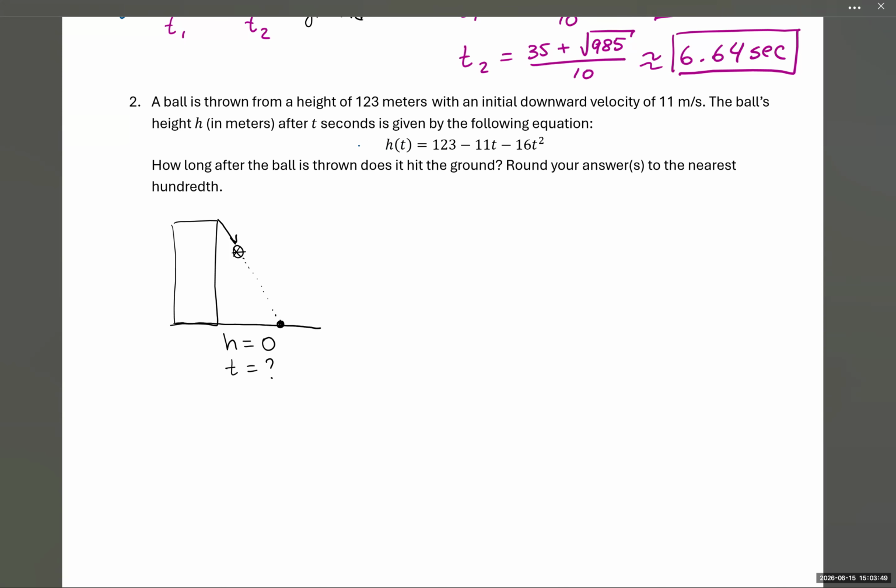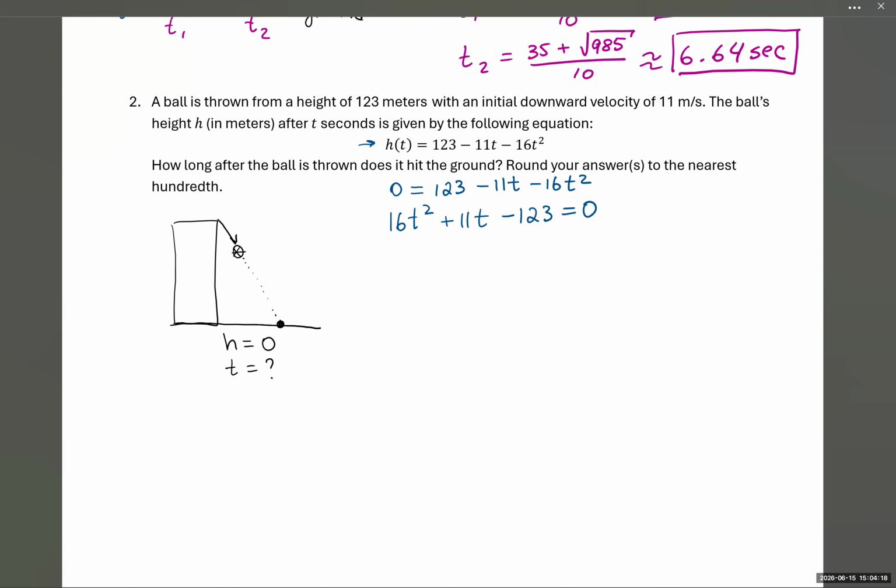So plug in this equation, plug in 0 for h. 0 equals 123 minus 11t minus 16t squared. Now again, everything needs to be on the left-hand side with a 0 on the right-hand side. So negative 16t squared will become positive 16t squared. Negative 11t will become positive 11t. And 123, it was positive, it will become negative, equals 0.